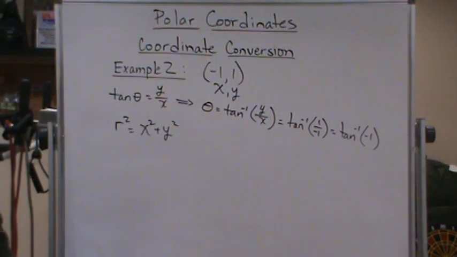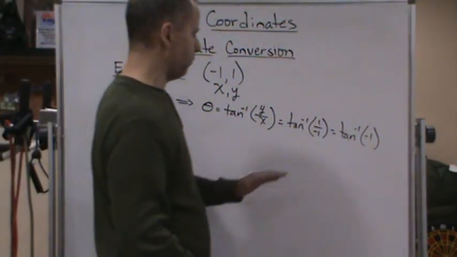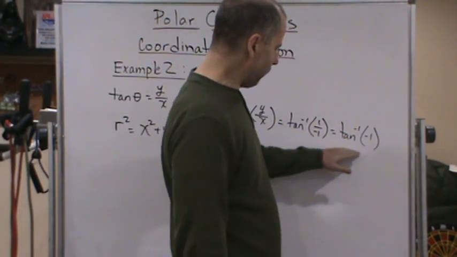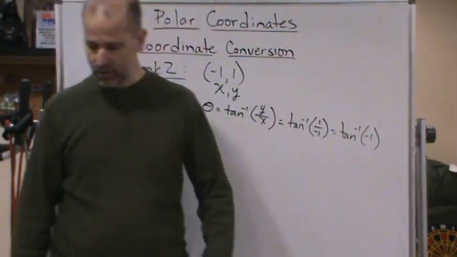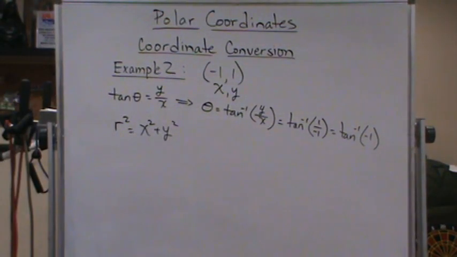Now be careful, because we have to keep in mind what quadrant the point is in, right? Because if we just jump right into this and find the inverse tangent of negative 1, we know that that's going to be a 45-degree angle or pi over 4.